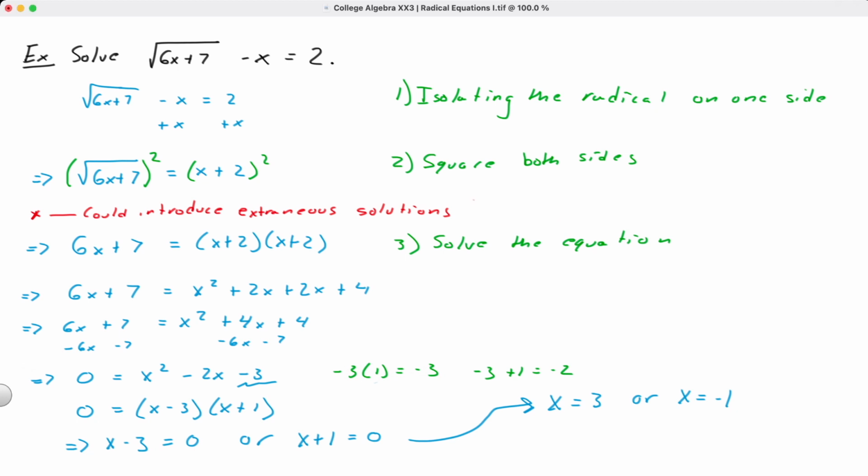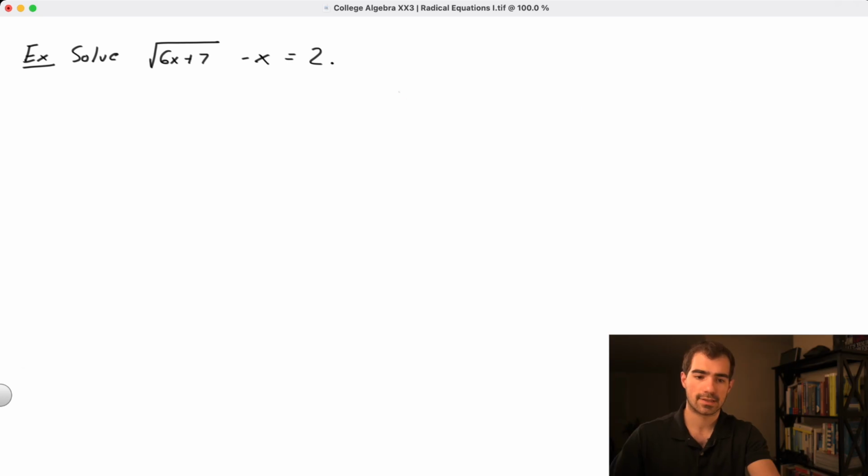But again, we want to remember here that that step that we took previously when we squared both sides might have added an extraneous solution. And so it is going to be important for us to check and verify that both of these or either of these work. And so our last step will be to check to verify the solutions.